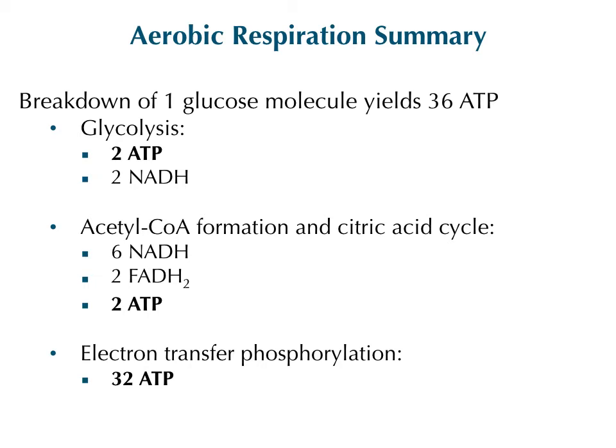In the tricarboxylic acid cycle, we formed acetyl-CoA, and ultimately, from that, we garnered 6 NADH and 2 FADH2 and 2 ATP. And then, throughout the electron transfer phosphorylation, we formed 32 ATP.